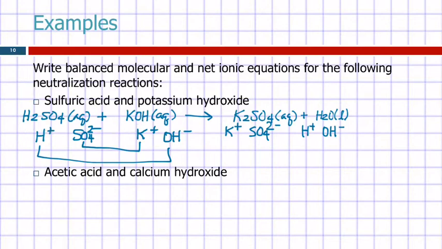If you're just balancing without thinking about the acids and the bases, here you've got K2, and there you've only got 1 K. And so we need a coefficient of 2 in front of the hydroxide. And then that gives us 2 hydroxide ions and 2 hydrogen ions, so that's going to make 2 water molecules. So there's our balanced chemical equation, the molecular equation.